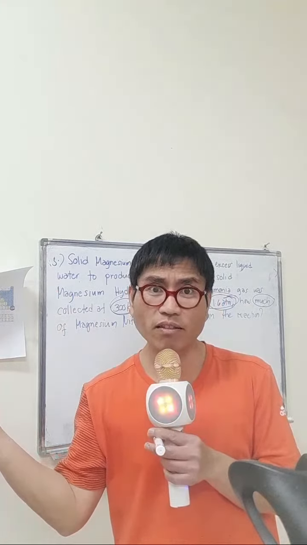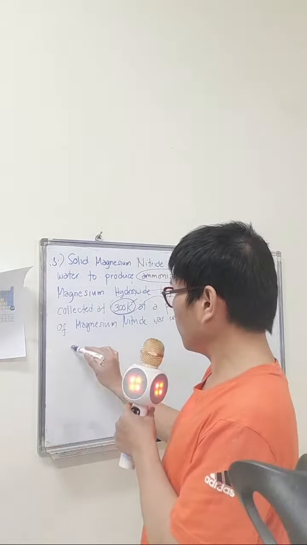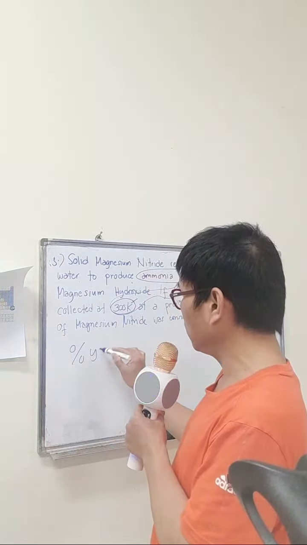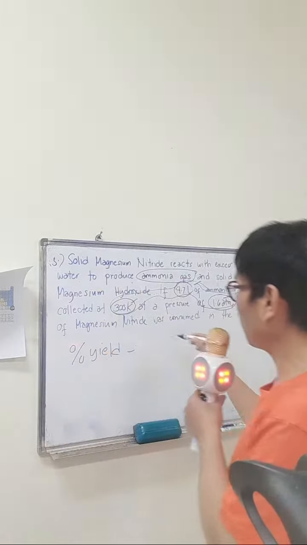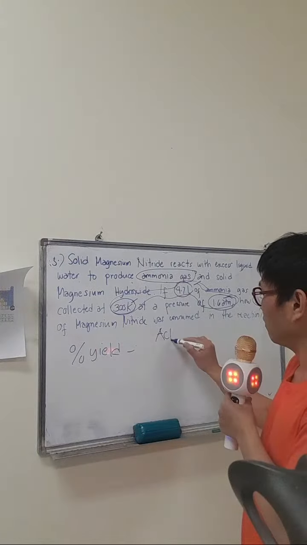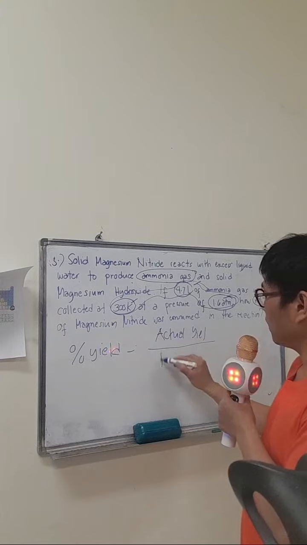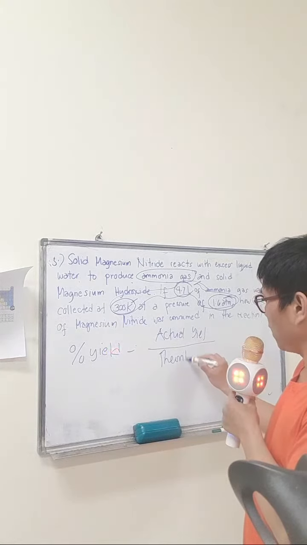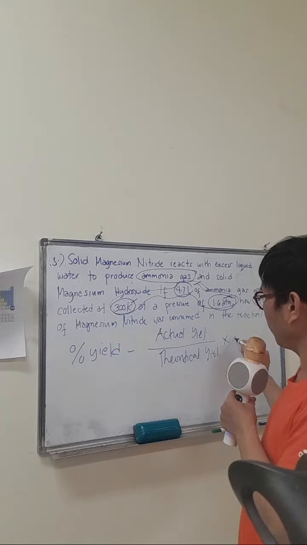You get the point? That's why, if you remember general chemistry lecture, we also have percentage yield, which is equal to the actual yield over the theoretical yield, times 100.